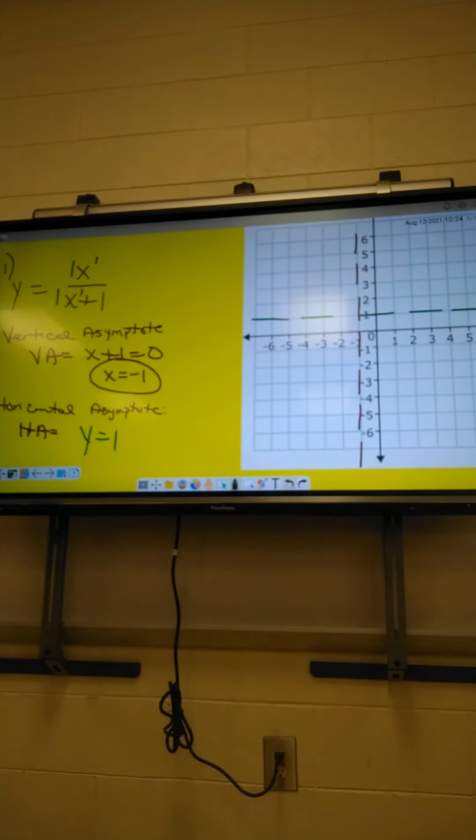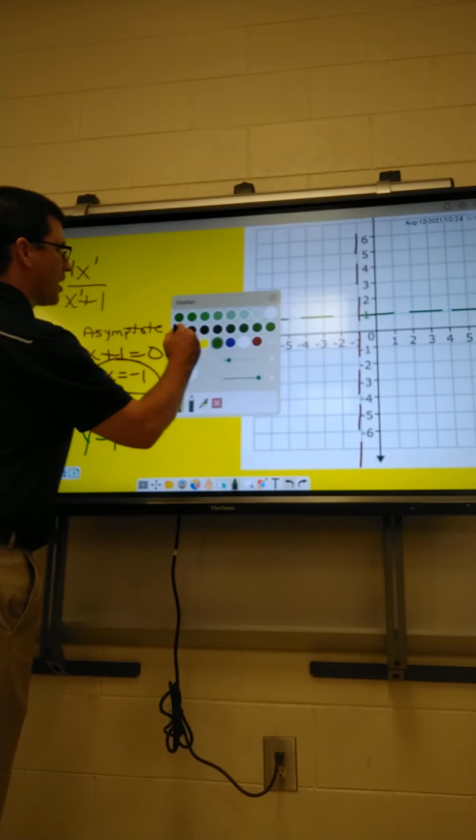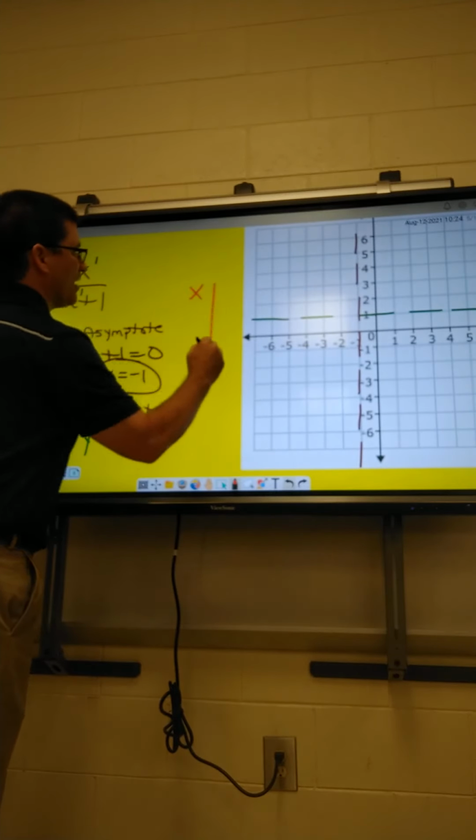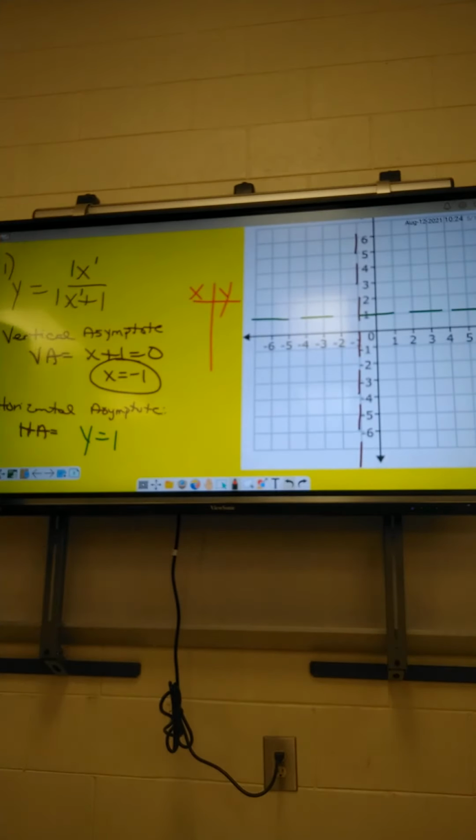Question on that? All right, last step. We got one more step. Everybody make an XY chart. We're going to plug in 4 points. How do you pick these 4 points? It's very easy.